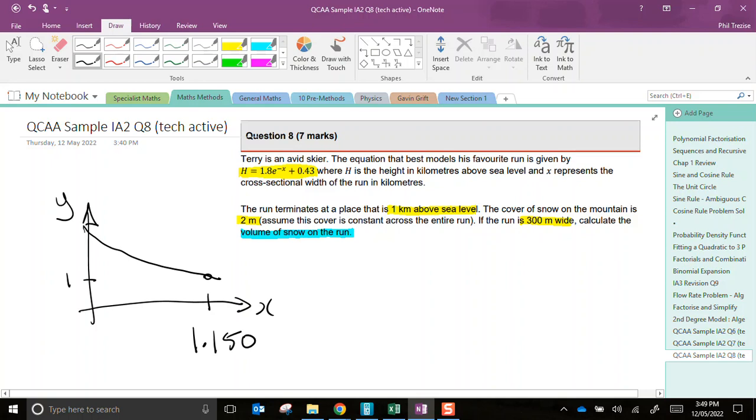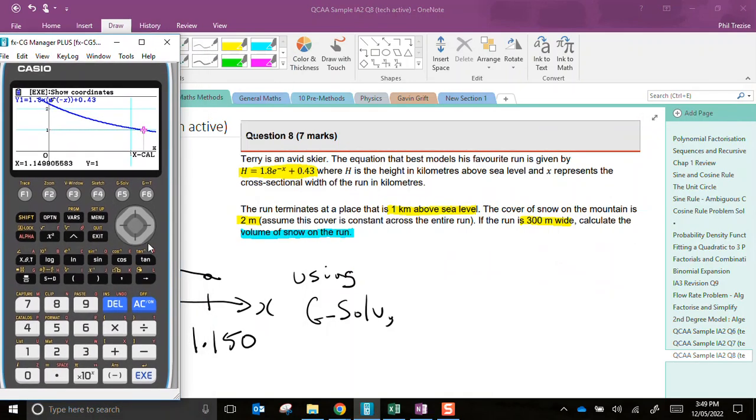And that's using technology. So I would have to make a note that I did a GSolve. So I'll say using, I did GSolve, then I pressed, let me go back and check that because I don't remember what I pressed. I went GSolve, then I went xcal, and then I gave the Y value of 1.